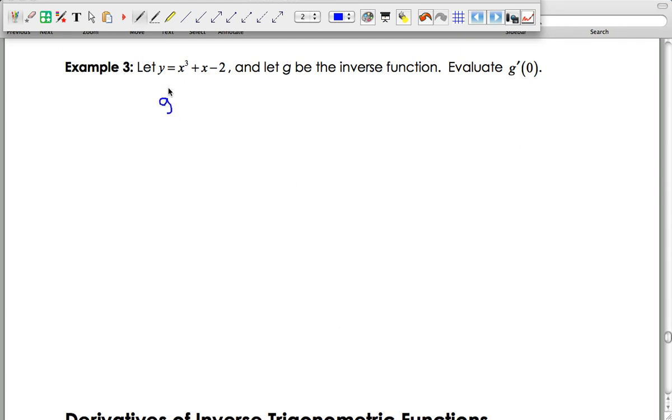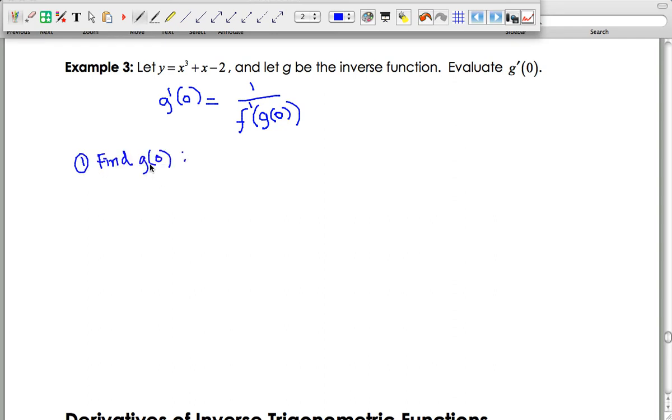G prime at 0, since g is an inverse function, will be nothing but the reciprocal of f prime assessed at g, the inverse assessed at 0. So the first thing we need to know, going from inside to outside, is how much is g of 0. So first step, we are going to find g of 0.